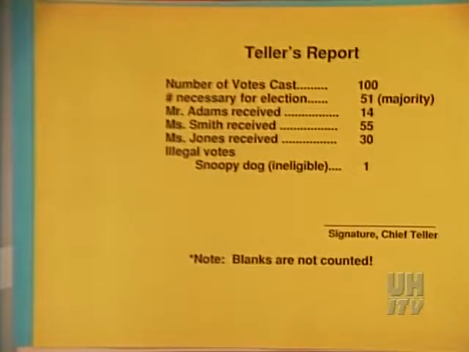Illegal votes, and they're sometimes called ineligible votes, are ones in which people voted for someone who was not eligible to run for office, or they marked a ballot in such a way that you can't tell who it's for. They put a real sloppy mark on there that covered across 2 of the lines.